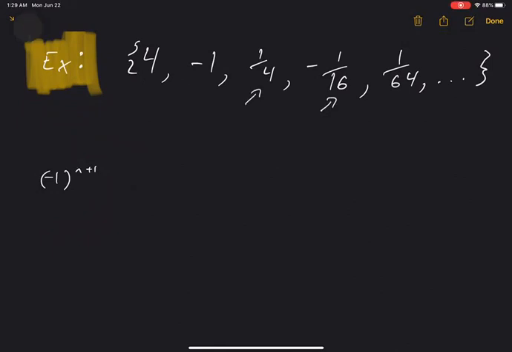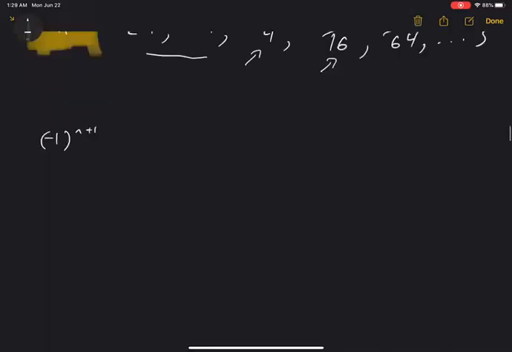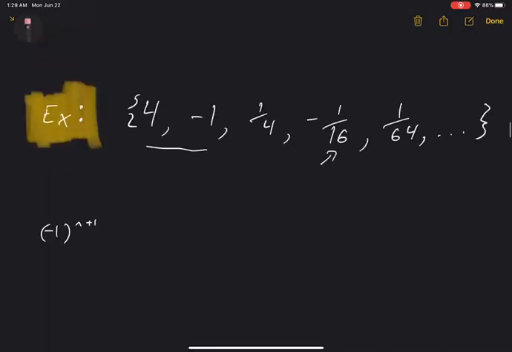Maybe the pattern isn't clear for these first two, but then starting here at 1/4, what do I have? I got a fraction, and I got 1/4. Then I got 1/16, which is really just 1/4 squared, right? And then 1/64, that's 4 cubed.